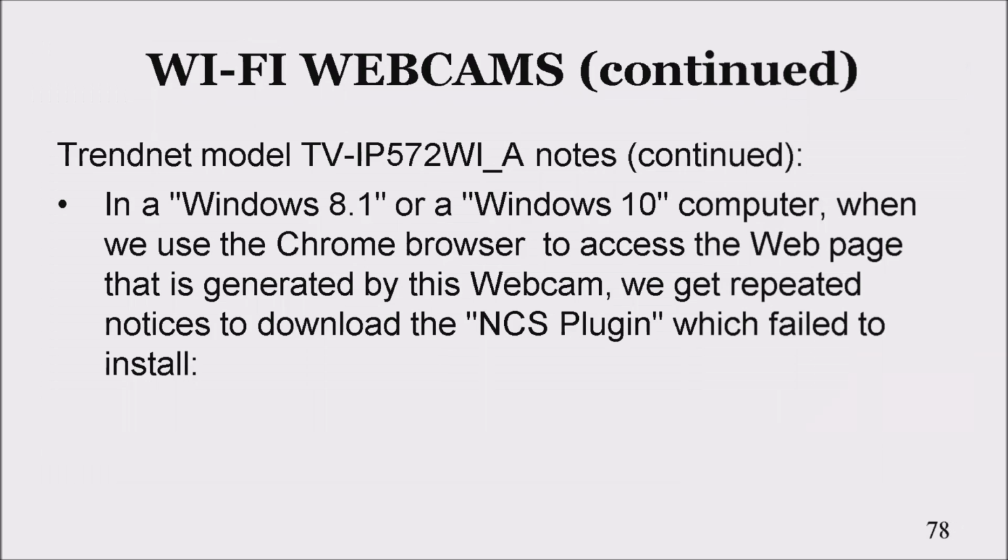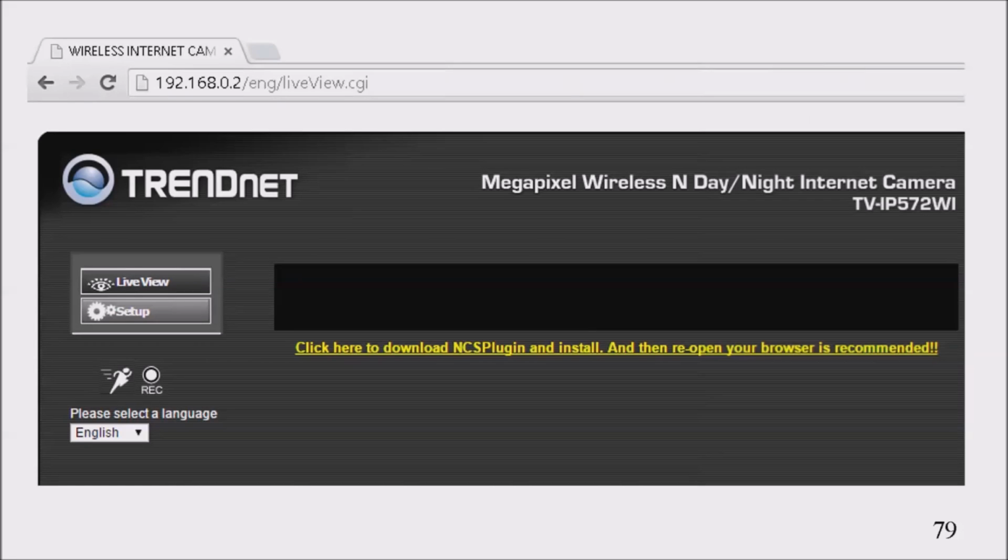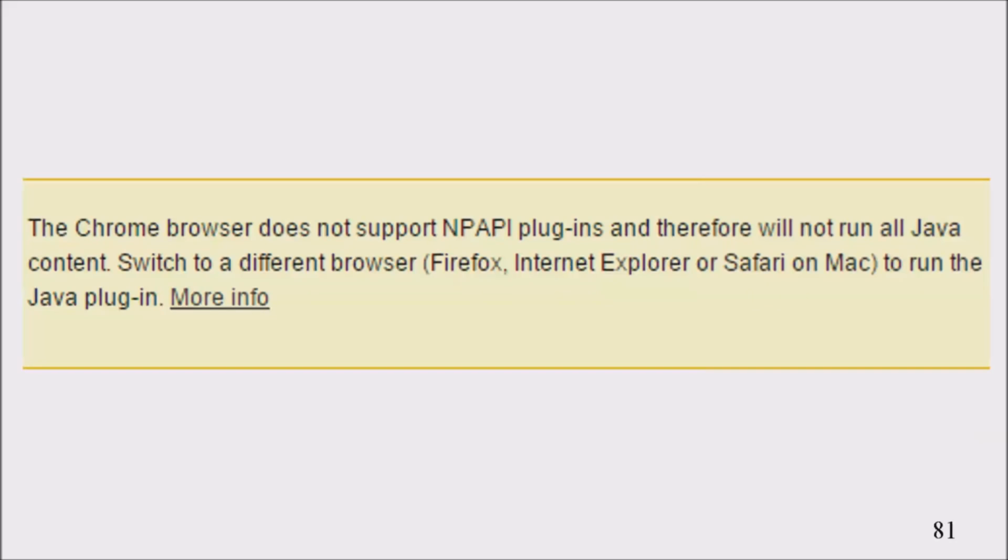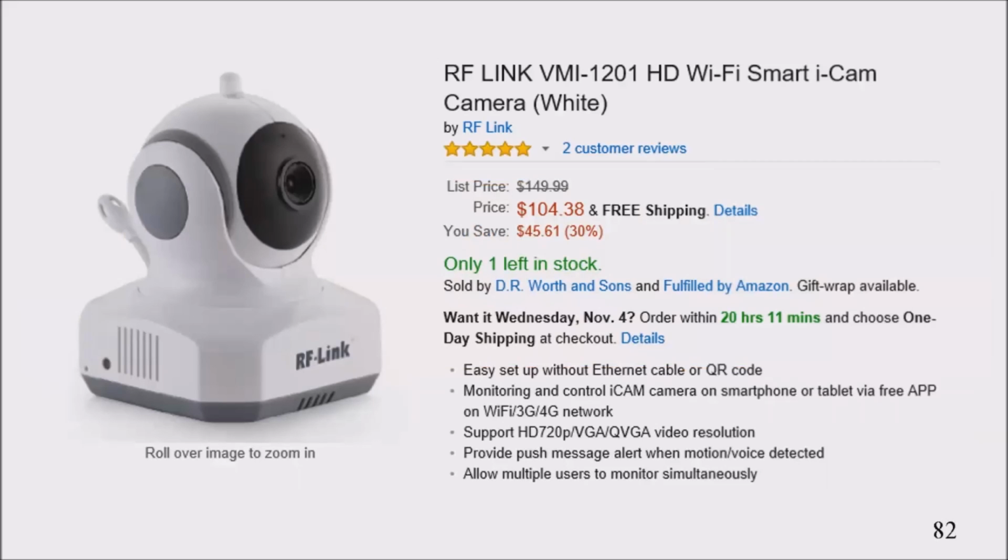Oh, and in a Windows computer, it didn't work in the Chrome browser either. So I guess it has a problem. So, okay, I'm used to problems. And it gives you this nasty error message, which I don't understand because I'm not technical enough to understand what an NPAPI plugin is. Some of you do.